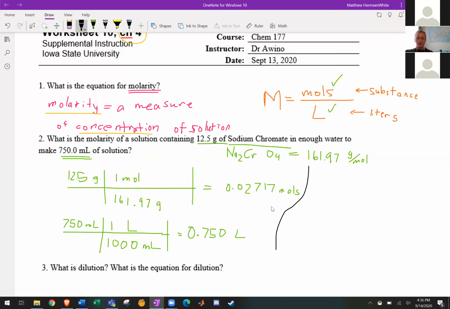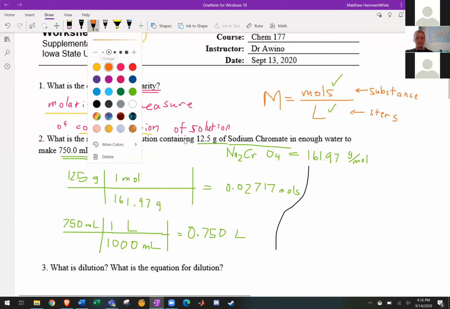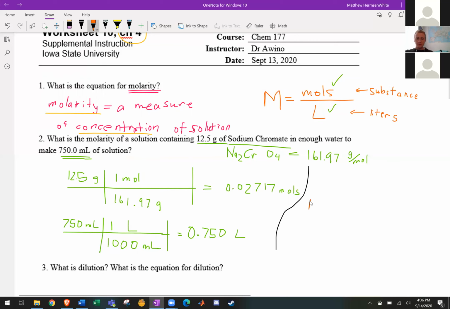So we have our moles now, and we have our liters. Now what we want to do is find the molarity, or the concentration. That would be the moles, 0.07717 moles, divided by the liters, 0.750.